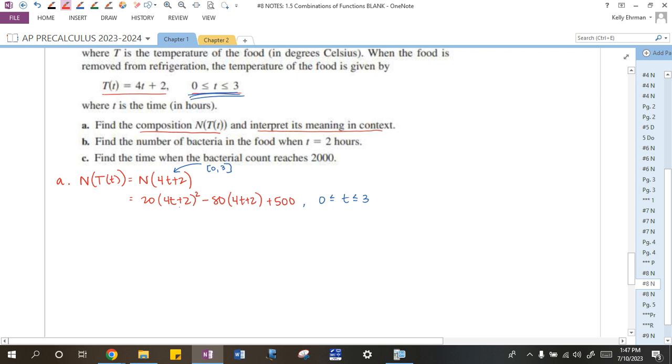So what does this mean? Lowercase t is the time that the food has been out of the refrigerator, and N is still counting the number of bacteria, right?